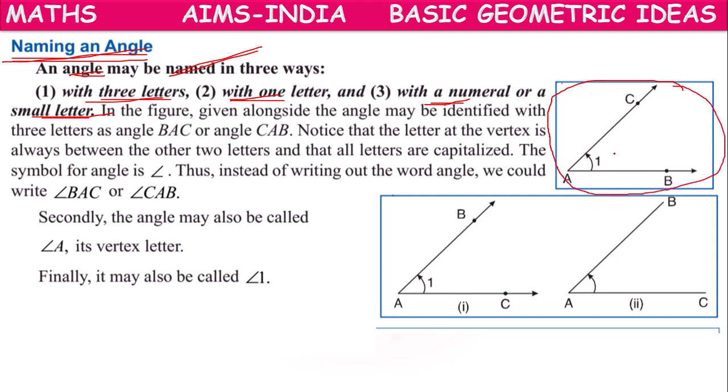We can measure this angle as BAC. BAC means the angle is formed at A, in the middle. Whatever point we have in the middle, at that point the angle will be formed. Or we can also mention it as CAB in reverse manner. CAB means the angle formed at A located between C and B.